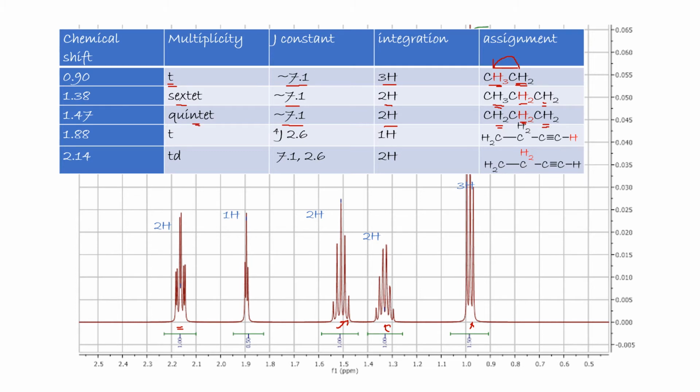We have 1.88 triplet and 2.14 triplet of doublets. The J value for the triplet is 2.6, so this is not J3. It might be J4, we will be sure in a minute. For 1 proton, remember from the IR we have a terminal alkyne.